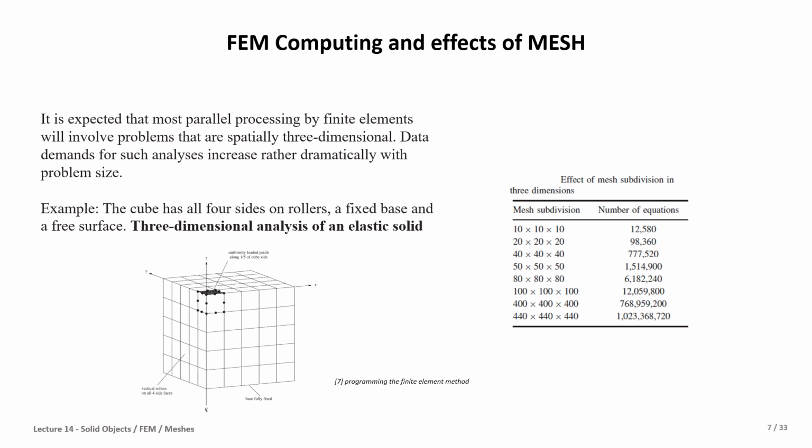And you can see how, when the number of meshes is changing, the mesh subdivision looks with the number of equations. So here it's a very large number of equations. To solve the equations, of course, we need parallel computing to accelerate the solution and be able to do that.